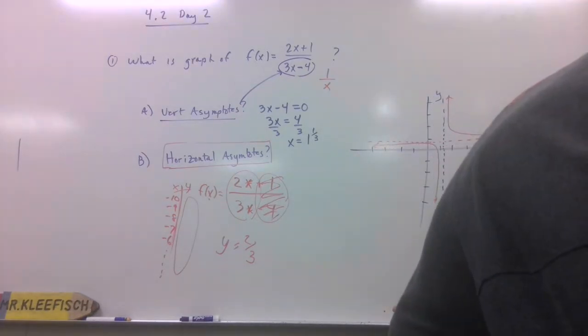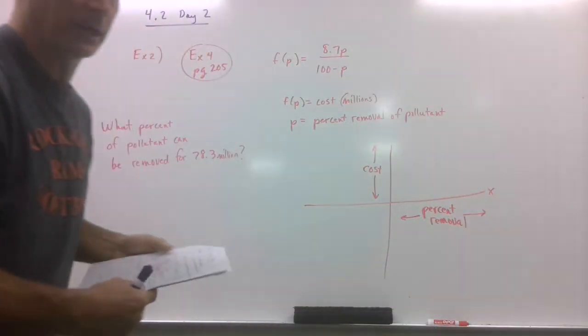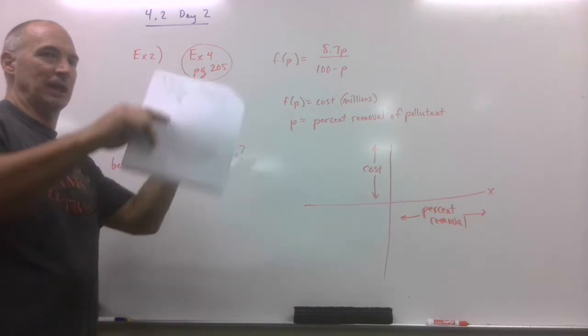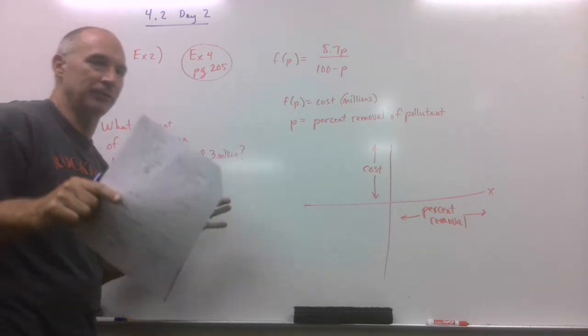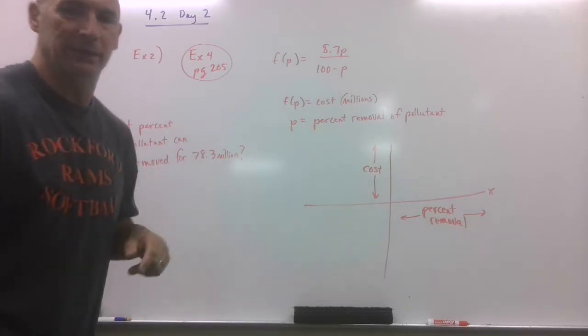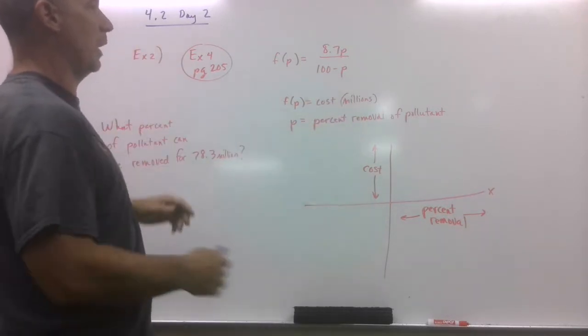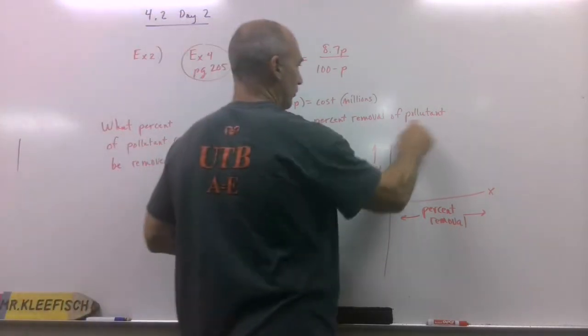All right, next problem is a story problem. I've grabbed it. If you want to open up your textbooks, just to see how it's presented to you, it's whittled down, filtered the information a little bit. But the idea is there's this company, and they want to go out and remove pollutants.